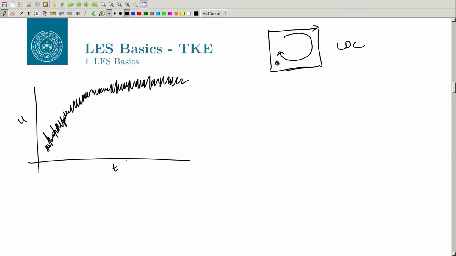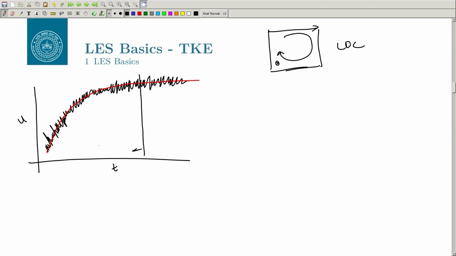This is at a probe point; this can be p also or density. If you plot a line connecting the average, it will be like this. Now the fluctuations are happening after a certain time when the transients are gone.